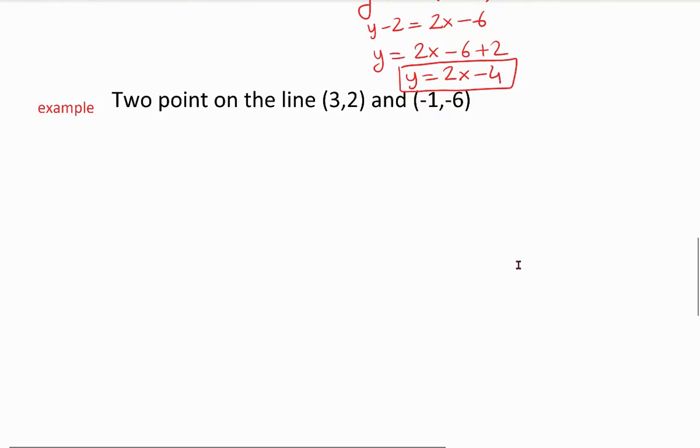If I have 2 points on the line, can I write the equation? Yes, we can.